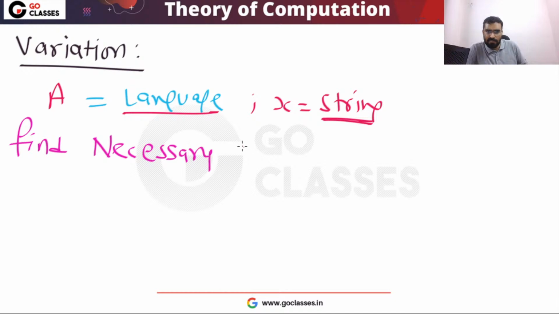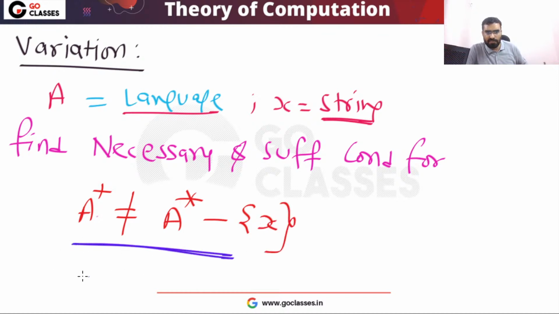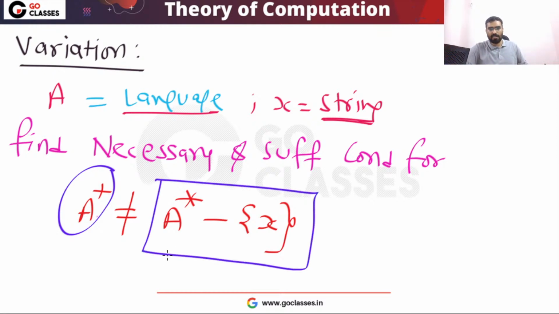Find the necessary and sufficient condition for A plus not equal to A star minus X. Find the necessary and sufficient condition for this one, where A plus is not the same as A star minus X.